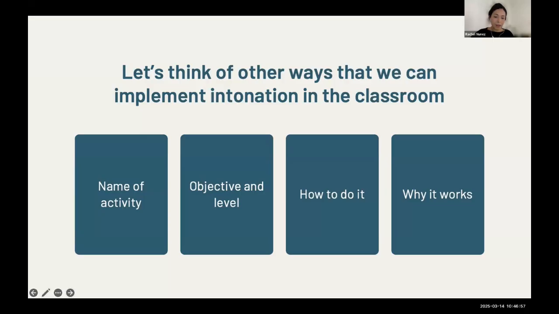I'm also seeing ELSA. I'm putting these in the chat. Apps to improve pronunciation: ELSA Speak, Say It, English pronunciation.